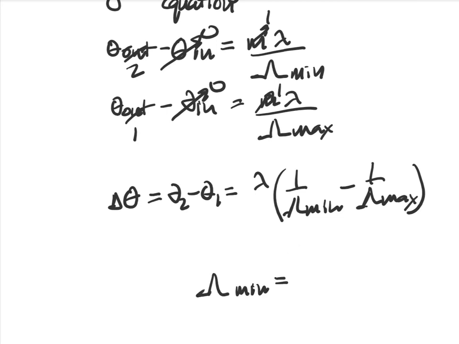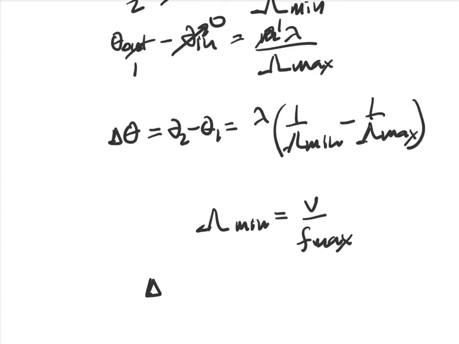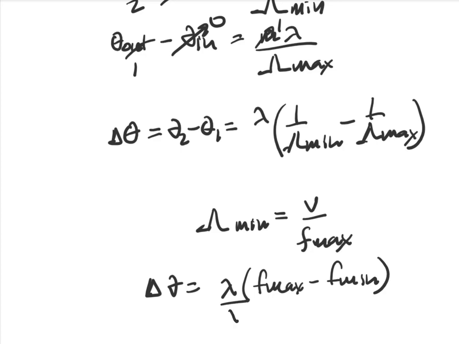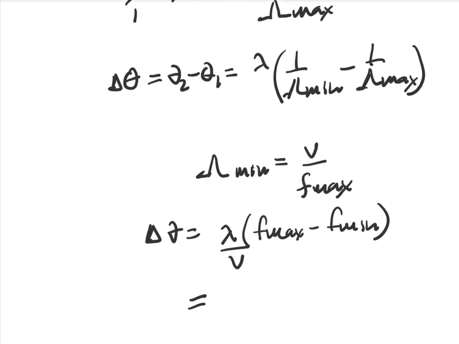Now, lambda minimum is just equal to 1 over the maximum frequency. So we can replace 1 over big lambda with their respective frequencies. So f max minus f min, all that divided by v.